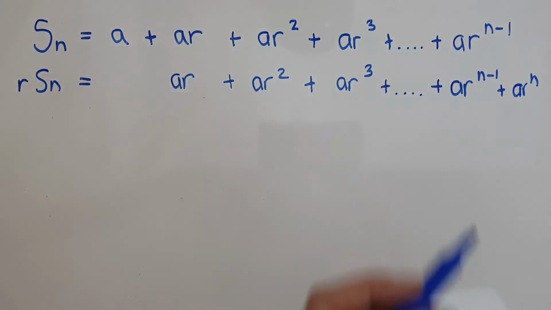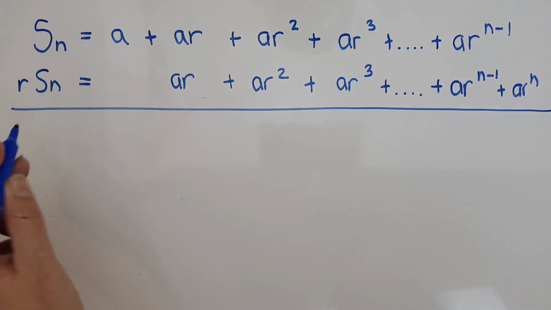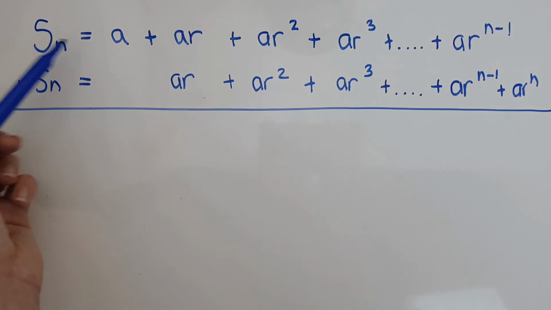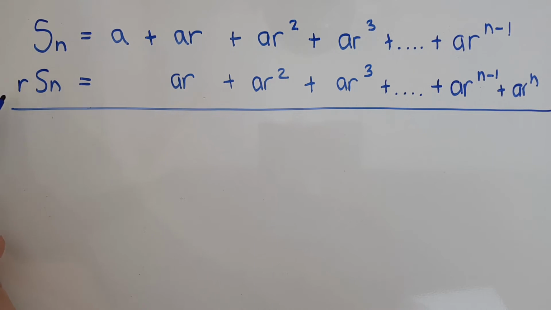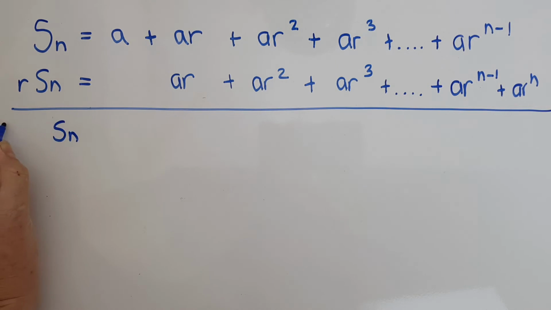Okay, so now when I subtract, you can see how this is going to work. Here, I'm going to have 1Sn minus rSn. So let me take out a common factor of Sn. I'm going to stick it on the right-hand side. And I'm going to say what I've got here is 1 minus r of Sn's.